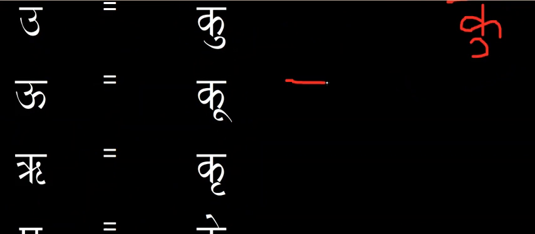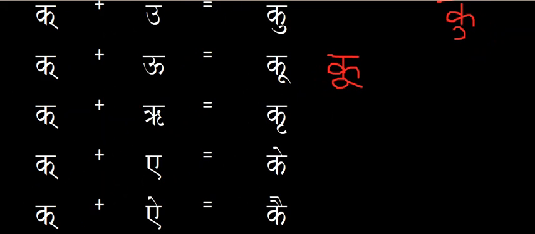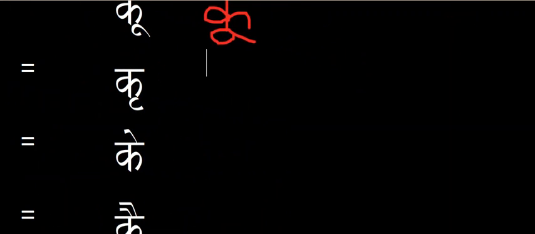So here's k, then the vowel sign, a little loop at the bottom. Then k plus ri gives you kri. So kri is like a little C at the bottom. That's kri.